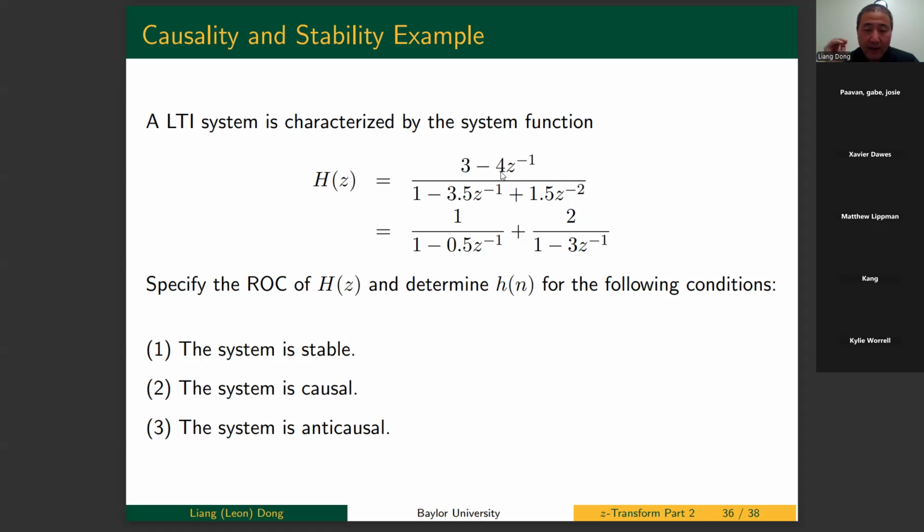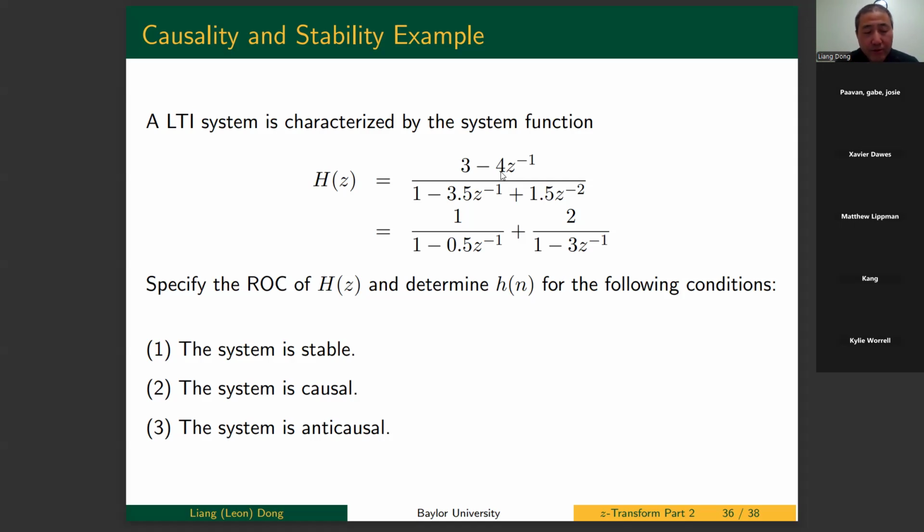And then go on to the second line. On each part, the numerator is order 0 with respect to a polynomial of z^-1. The denominator is a polynomial of order 1. So again, that's a proper rational function. So we are good. I want you to specify the region of convergence of H(z) and then determine the time domain impulse response, little h[n], for the following conditions.